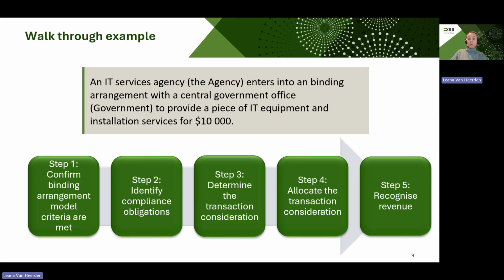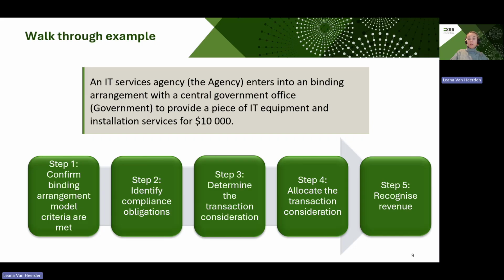Firstly, providing the equipment, and secondly, performing the installation services. The agency would be able to satisfy its promise to transfer the equipment independently of its promise to provide the installation services. Therefore, each promise is separately identifiable and the government can benefit from it on its own or with other readily available resources.